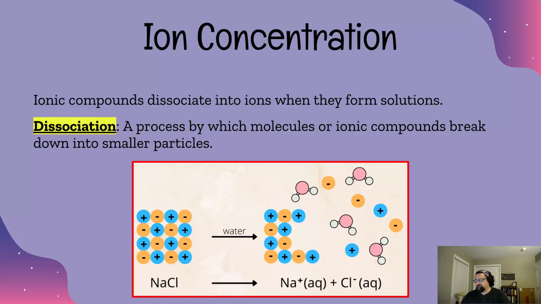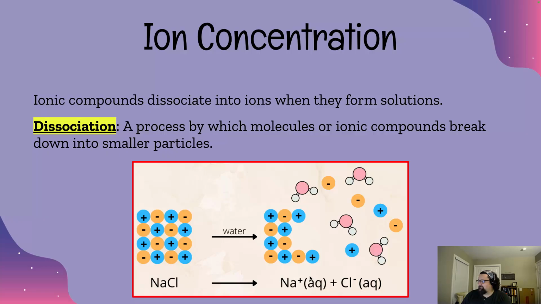Dissociation is a process by which molecules or ionic compounds break down into smaller particles. What we're seeing here is that you have these negative ions and positive ions breaking off and being stabilized by the solution, which is the water. In this case, we're using salt water.